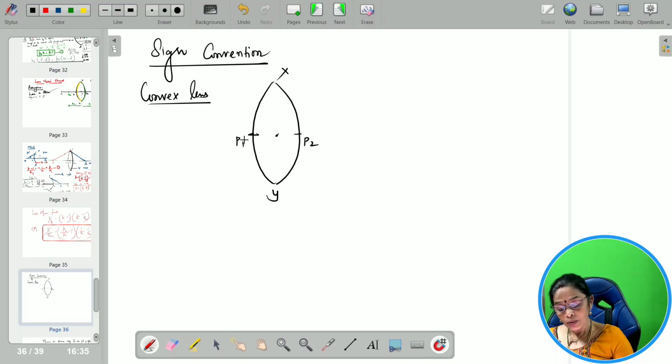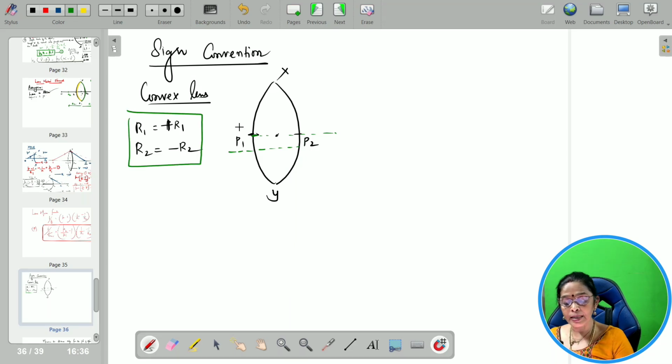Now for a convex lens, R1 is positive and R2 is negative. Which is R1, positive? This is only R1. Which is R2, negative? This is only R2. So R1 is positive, R2 is negative for a convex lens.